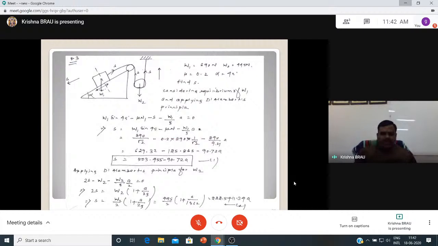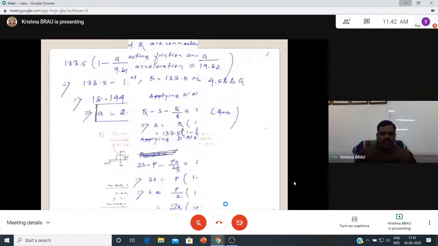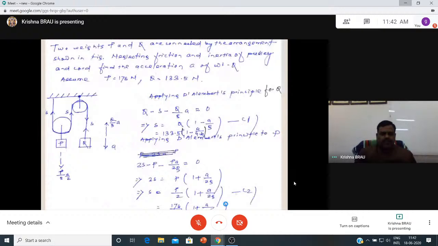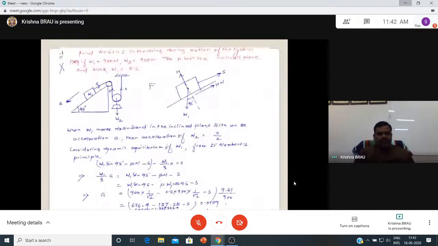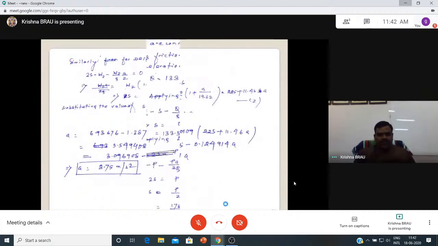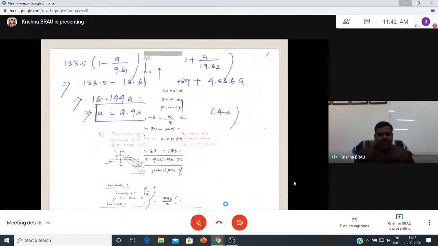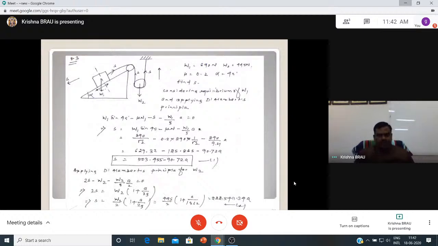Similar problem, see this is what we have done. So now let us see a similar application, where W1 is 890 newtons, W2 is 445 newtons, mu is 0.2 and alpha is 45.